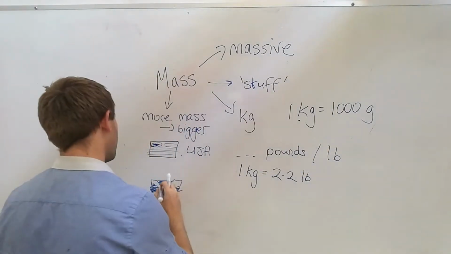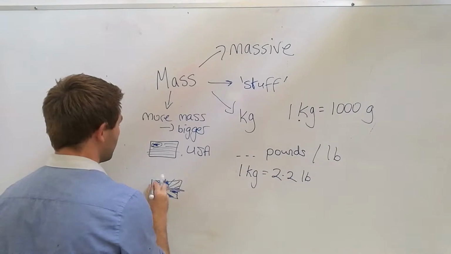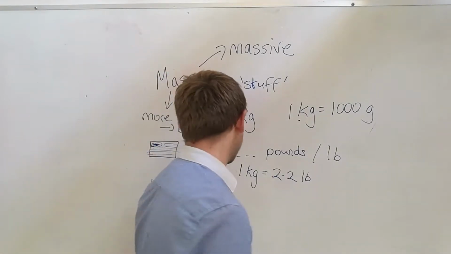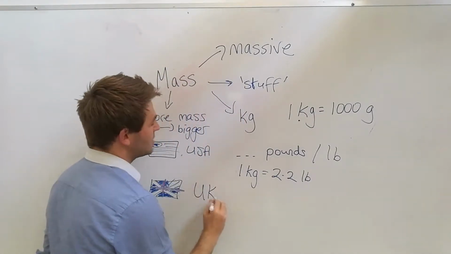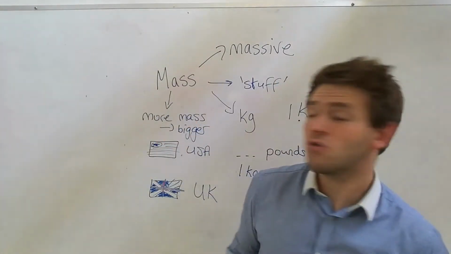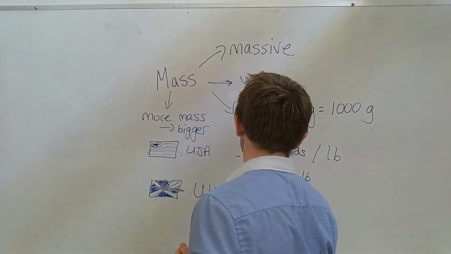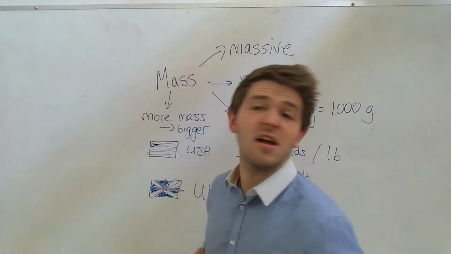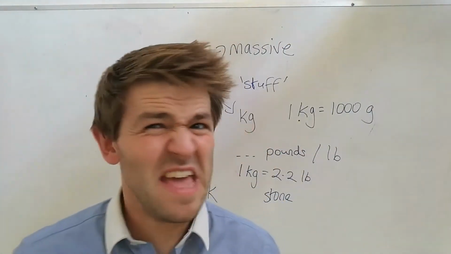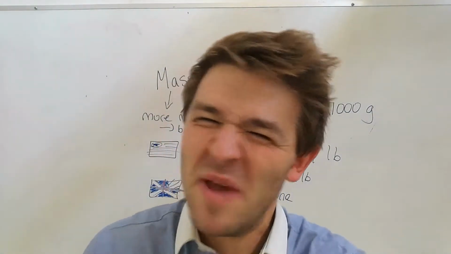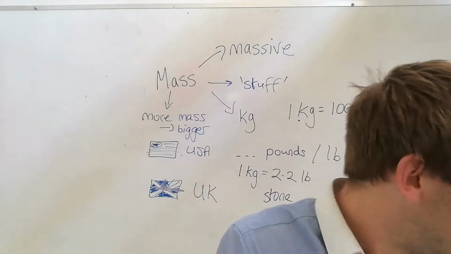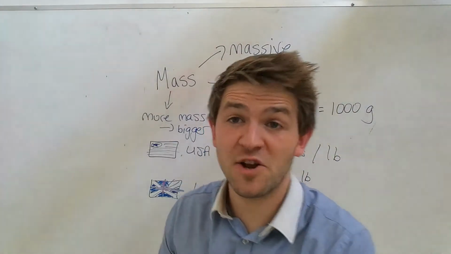You know, destroying my flag with this red here. Of course, the United Kingdom. In the United Kingdom, when we talk about somebody's weight, we would say they are something stone. I am, I think, just under 12 stone. I don't know. I've been in Sweden so long, I've forgotten. But that's what we used to measure.